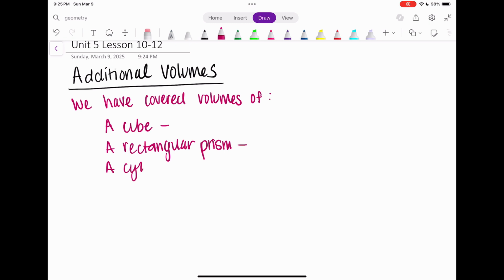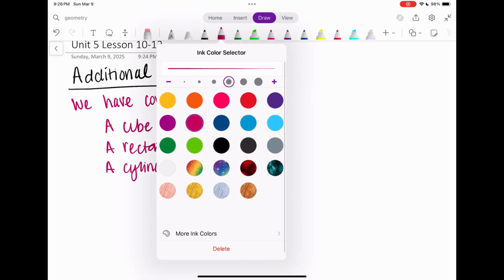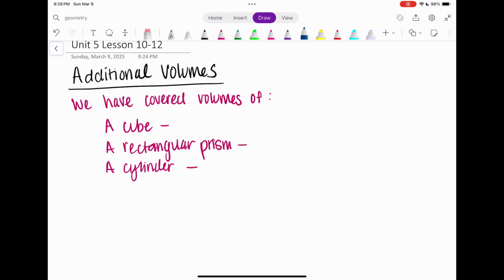And each of these has unique volume formulas. We said that for a cube, it was going to be length times width times height. Kind of messed up right there. It should be a W. And so times H is equal to volume.